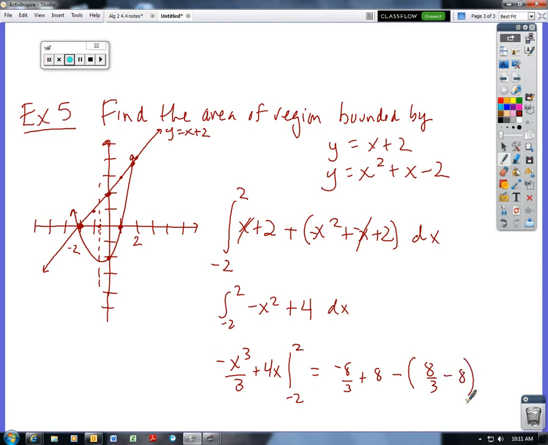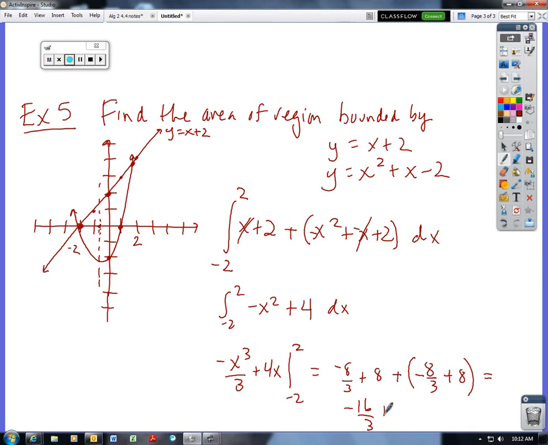Then I'm going to distribute my negatives, so change this to a plus, negate those. It pays to go carefully on these and not try to rush. It's really easy to make mistakes in this math with all these fractions, so I'm methodically trying to go very carefully. Negative 8 thirds minus 8 thirds is negative 16 thirds.